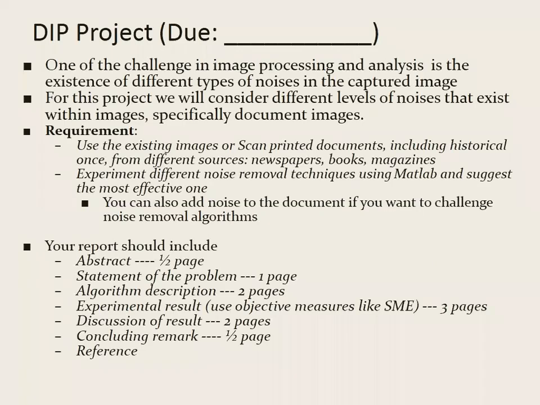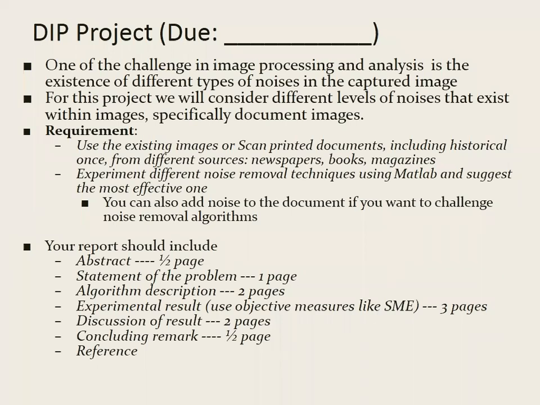So this is your digital image processing project. Already we created groups, and for each group tasks are already assigned. What's expected is, using the given combination of filtering techniques, take different documents. The documents are also attached, but you can also take other documents if you can get them easily.